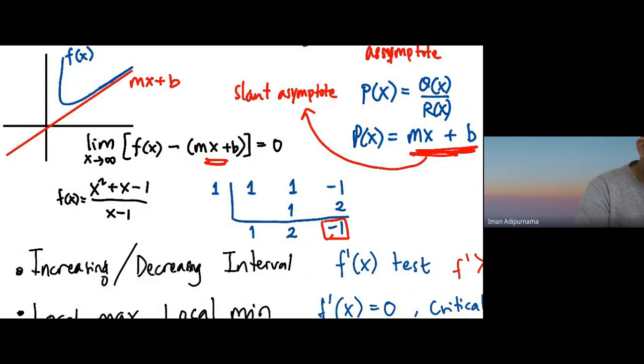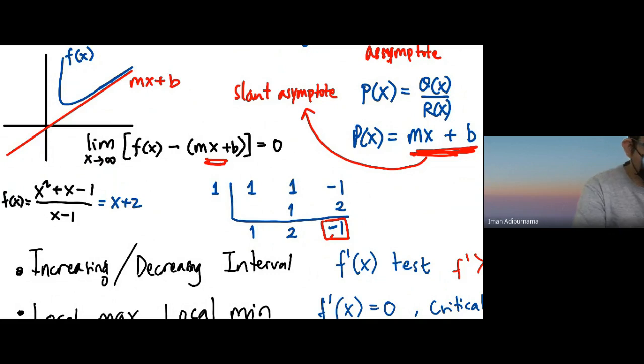Then we have x plus 2. Oh, it's not minus, right? It's plus, plus 1 divided by x minus 1. And this will be the slant asymptote.